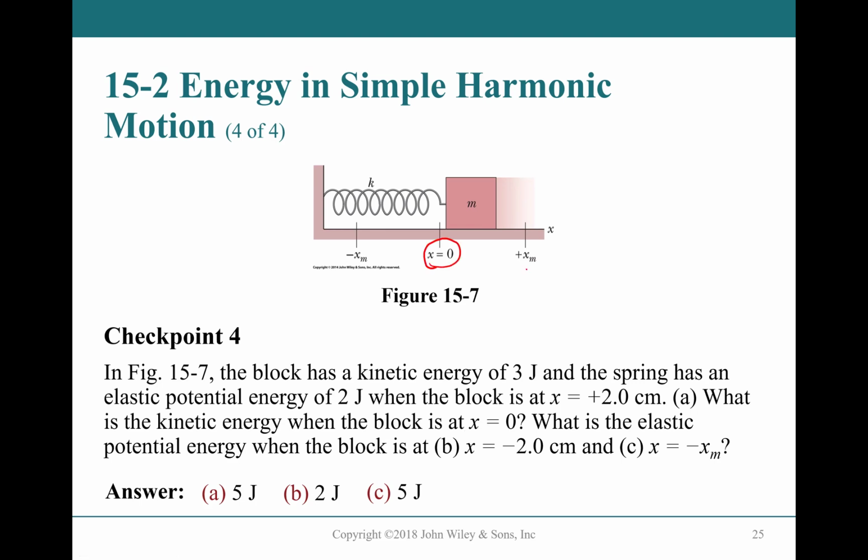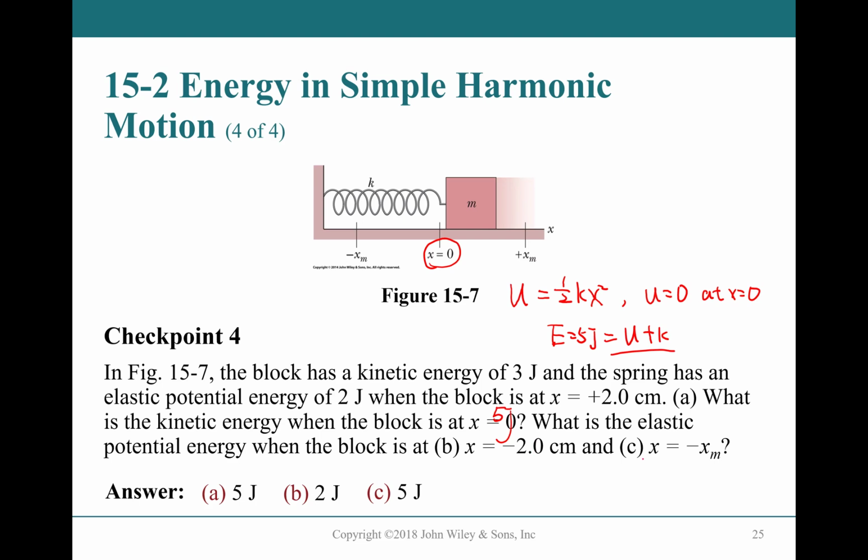At x equals 0, because our potential energy equals 1/2 kx squared, our potential energy equals 0. And our total E is 5, which equals U plus K. So if your U is 0, your kinetic energy should be 5 joules, okay?